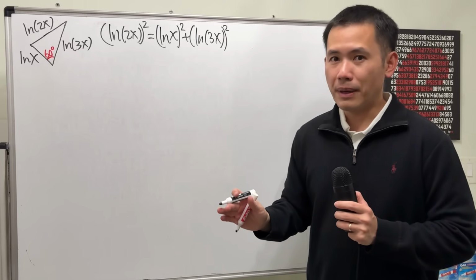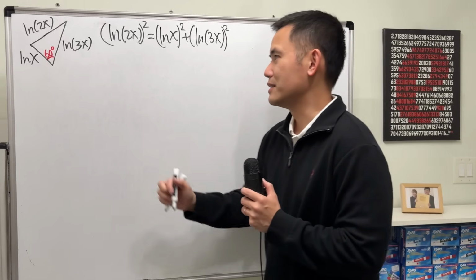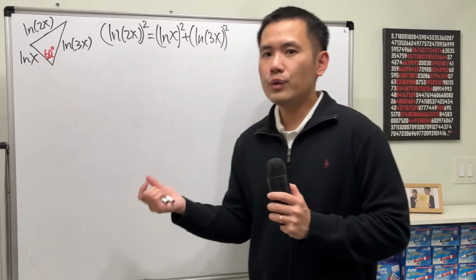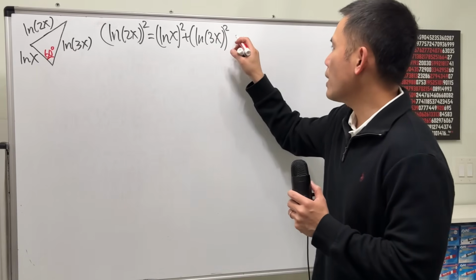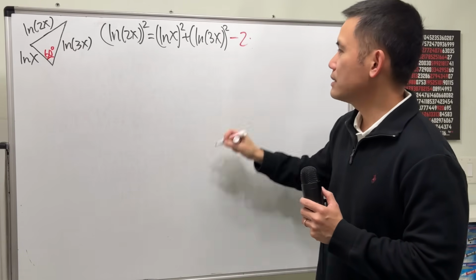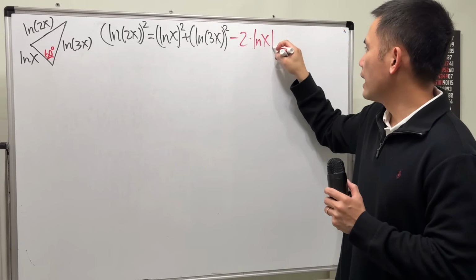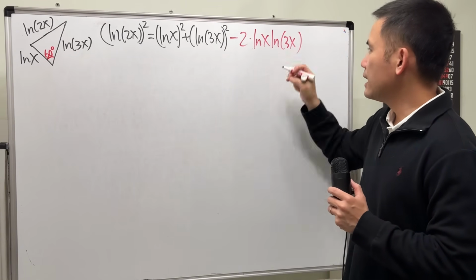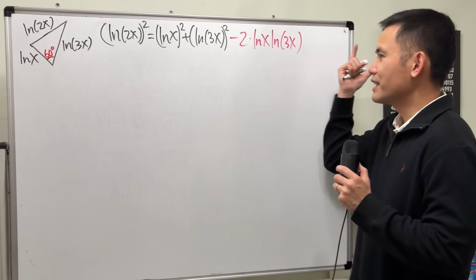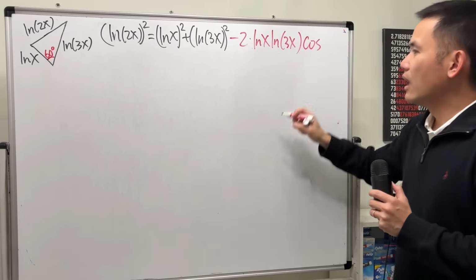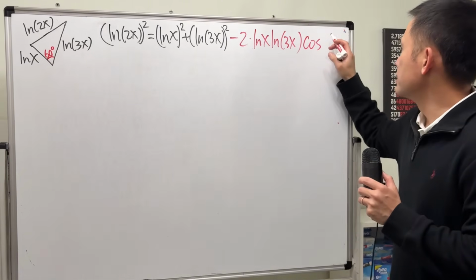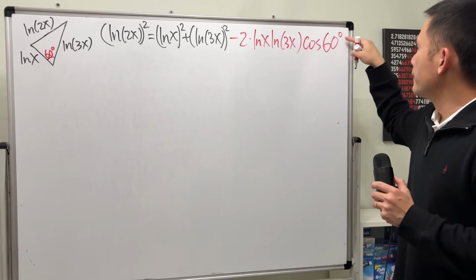But this is not the Pythagorean theorem because this is not a right triangle. To continue with the law of cosines, we will have to subtract 2 times these two sides. So we have ln(x) and then ln of 3x. And then lastly, where's the cosine? Well, it's right here. We need cosine of whatever that angle is, which is 60 degrees.